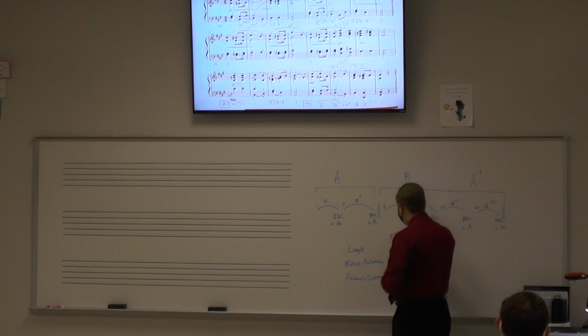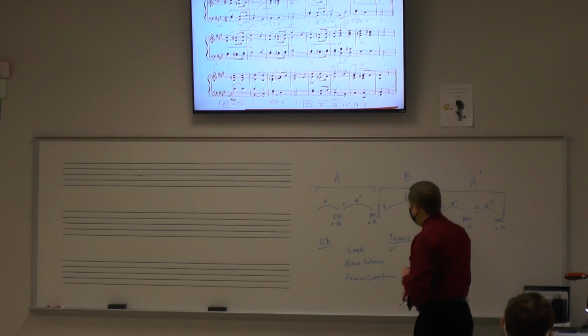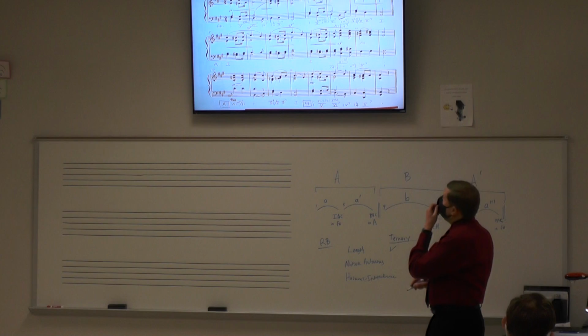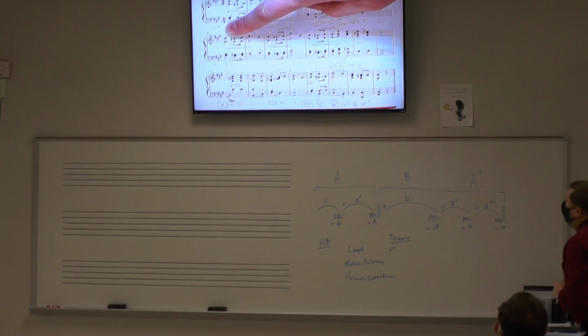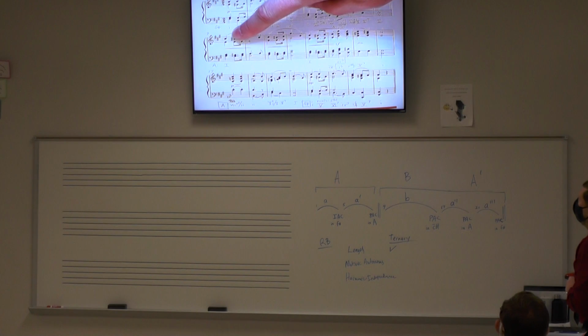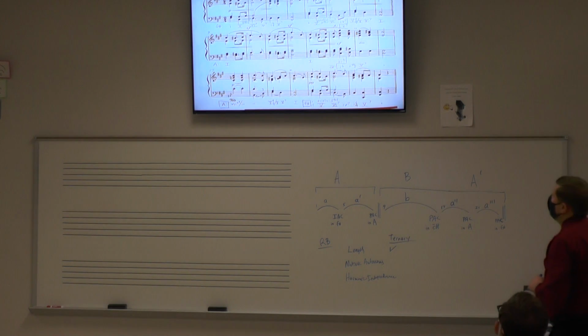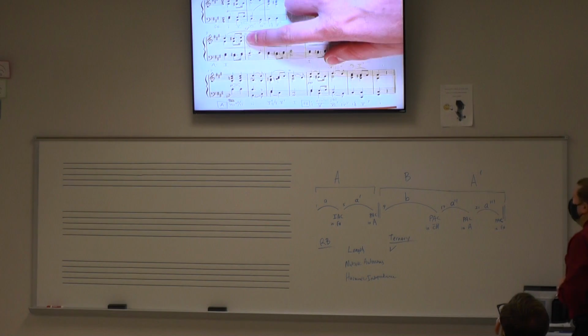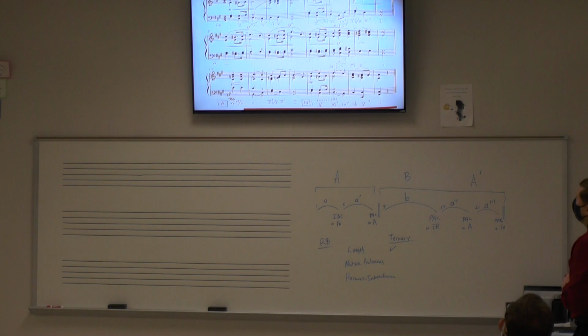Okay, so I'll put my ternary thing over here. And here's my rounded binary, I'll just abbreviate RB over there. Okay, motivic autonomy. Well, do you see any resemblance of this kind of idea somewhere in the beginning, somewhere in the first 8 measures?